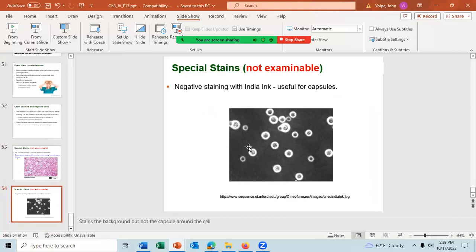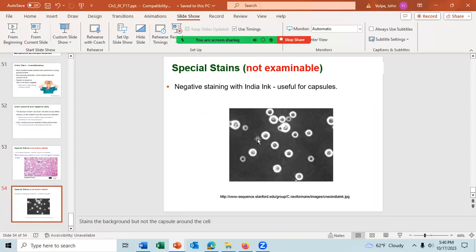Because it reminds people of the negative in a Polaroid film, if you're familiar with that. In the old days, they used to print out the film for you, and then they gave you a negative. The negative would have the light areas dark, and the dark area is light, so that's why they called it a negative. And the negative stain reminds people of that.